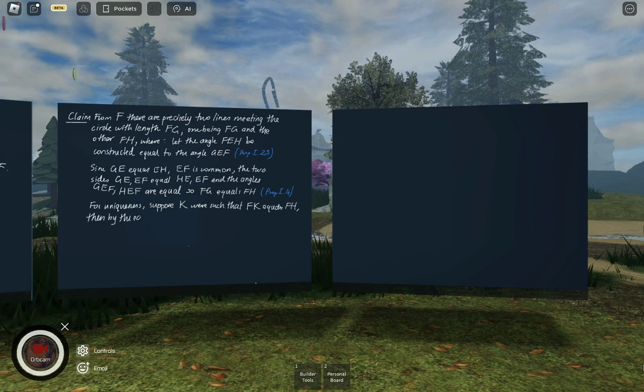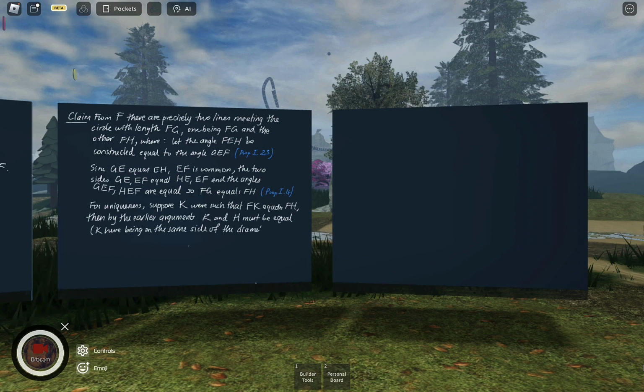Then by the earlier arguments, K and H must be equal, K here being on the same side. All right. So that's it.